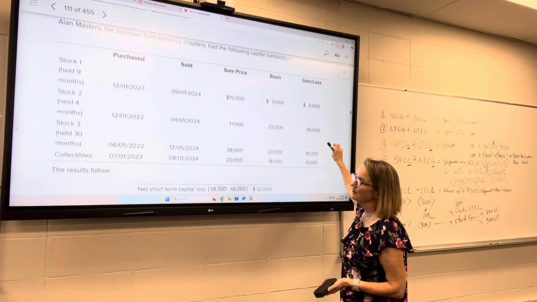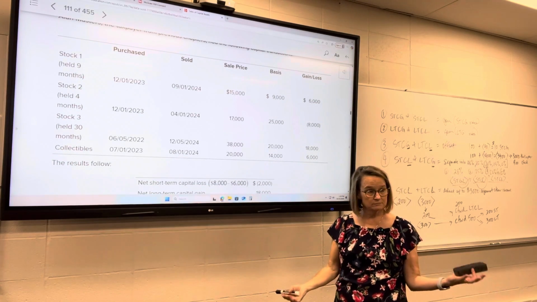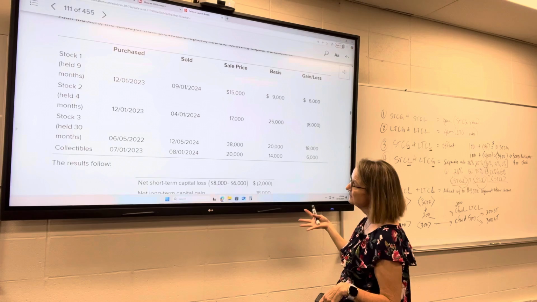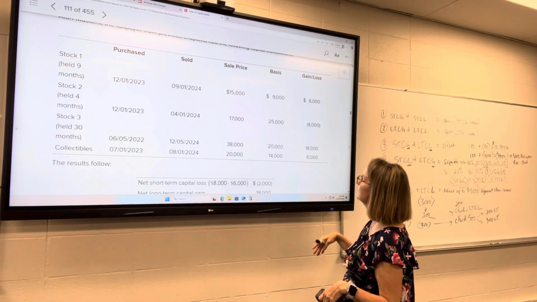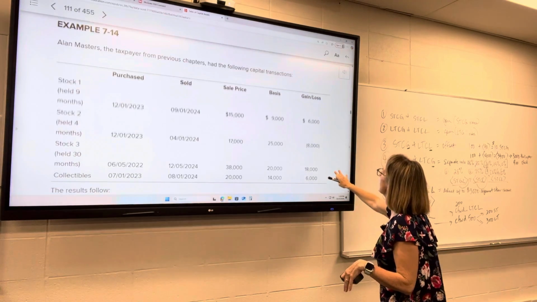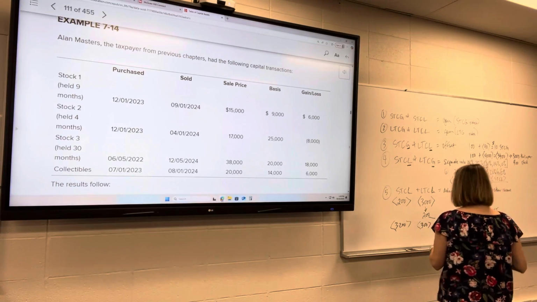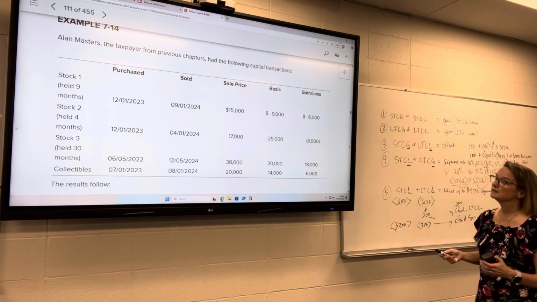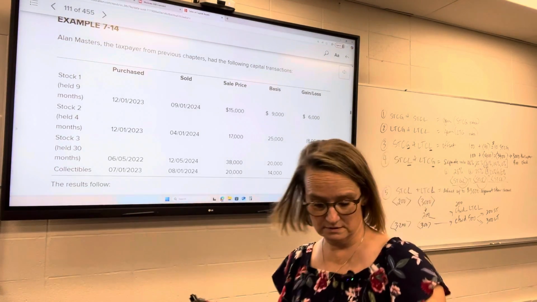Stock number 3 held 30 months, right? And then we have a collectibles loss as well. All right, so here's our gain, and I'm out of space here. Maybe I'll put it over on this side.